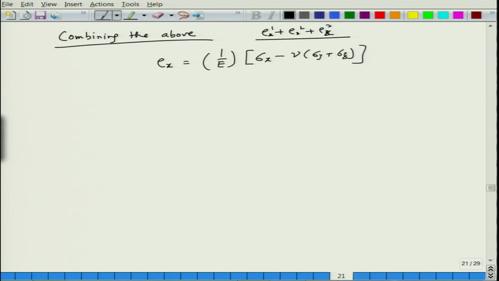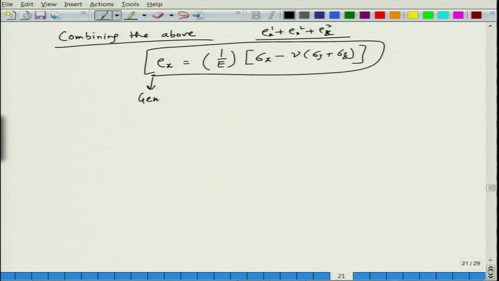The net Ex is equal to 1 over E into sigma x minus nu into sigma y plus sigma z. This form is basically called the general form of Hooke's law.